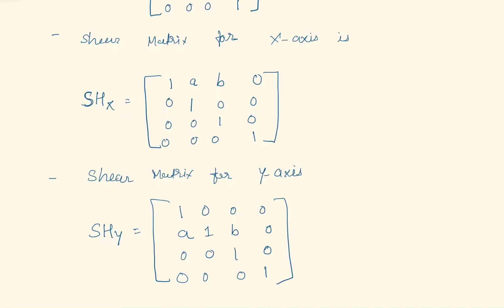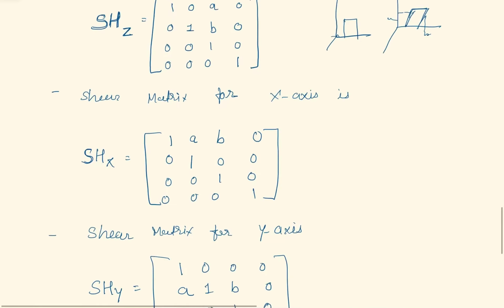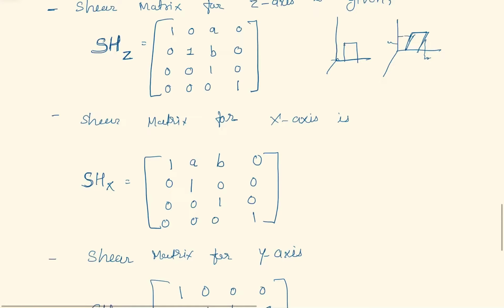The transformation matrices to produce shear relative to the x, y and z axes are shown in these matrices. Shear transformations are used to modify the shape of the object, and they are useful in three-dimensional viewing for obtaining general projection transformation.